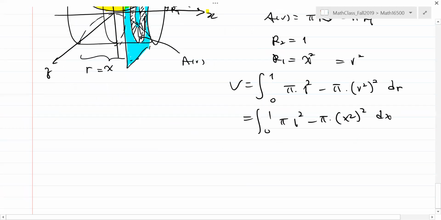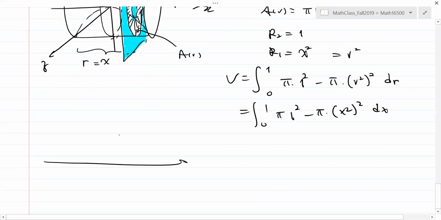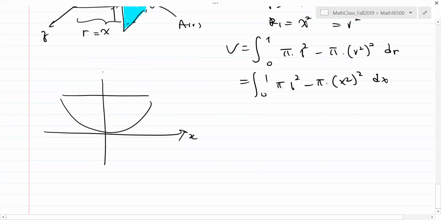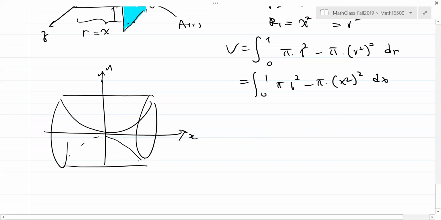Now, if you use a cylinder, do you think it's better or not? Okay, this is the x-axis, this is the y-axis. That's a picture. So I'm going to use cylinder.